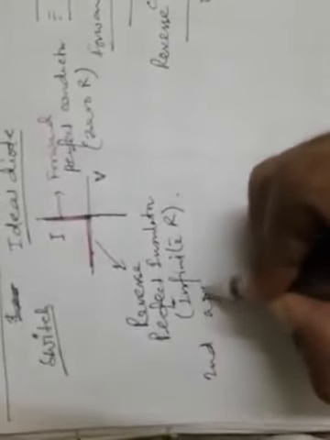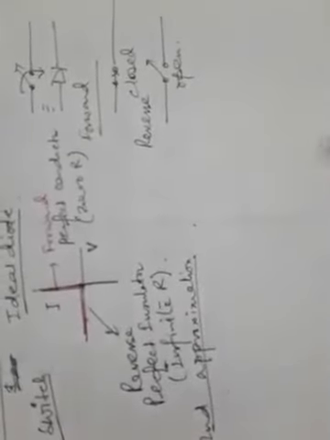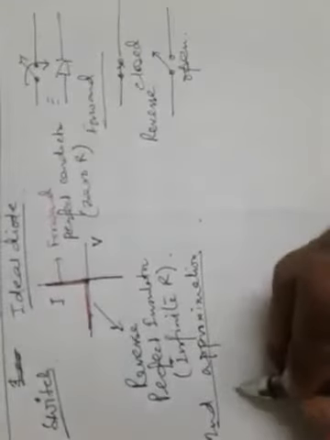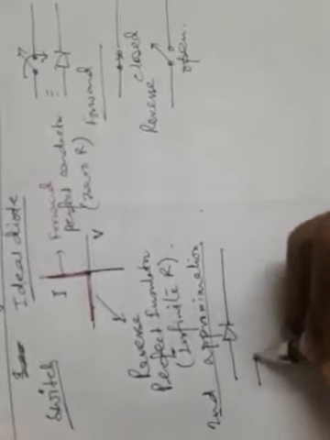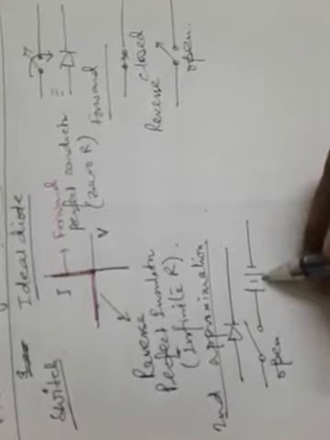Now let us look at the second approximation on this ideal diode case. What is second approximation? Second approximation means in this equivalence of diode, the concept of barrier potential or the cut-in voltage or the knee voltage is incorporated. That is, the diode for second approximation is like this for reverse bias because it is open, a switch in series with a battery or DC source.